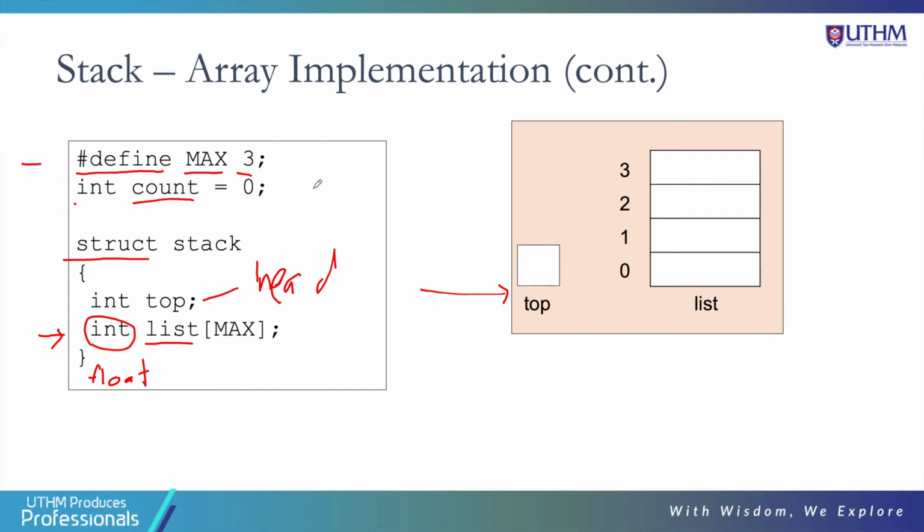So in this example, I declare the value of max as 3, meaning that the size of list is 3. Sorry, this one should be 4, because we have 4 allocations here: 0, 1, 2, 3, so there are 4.